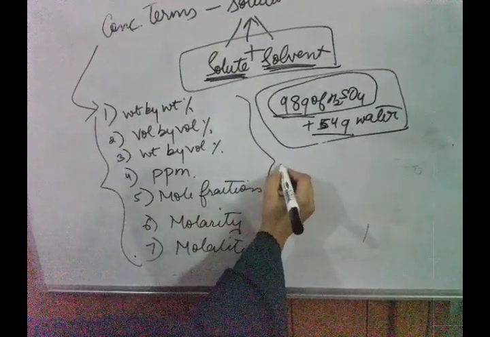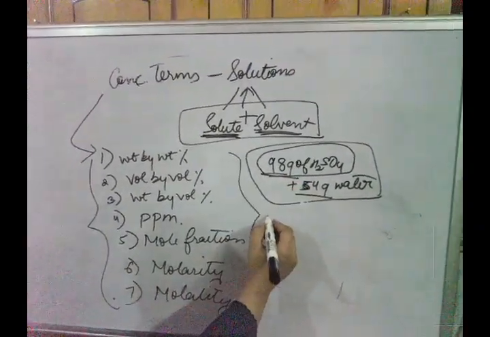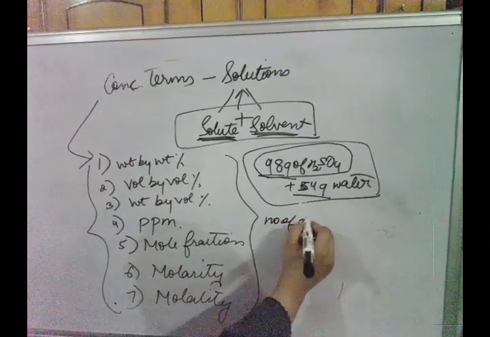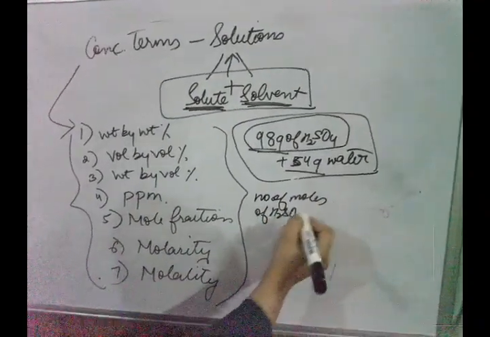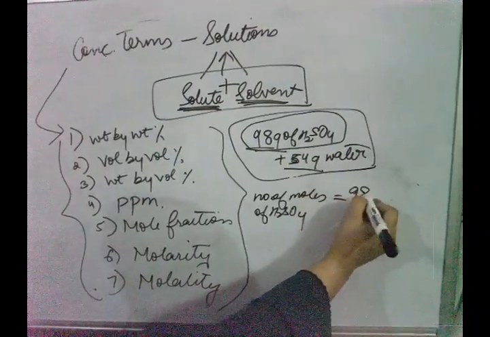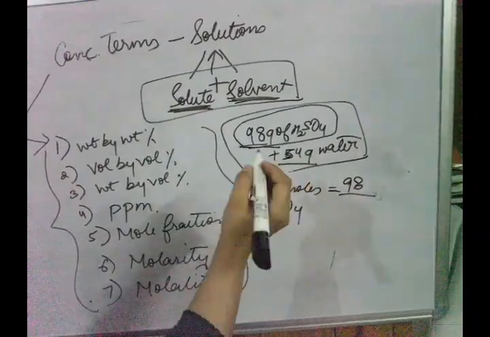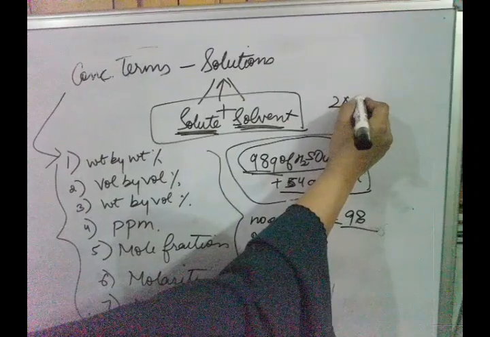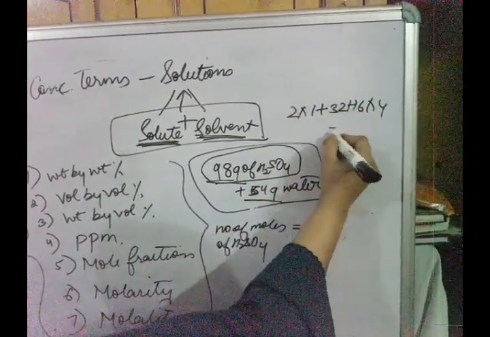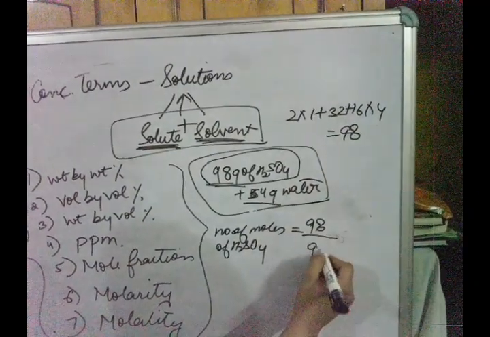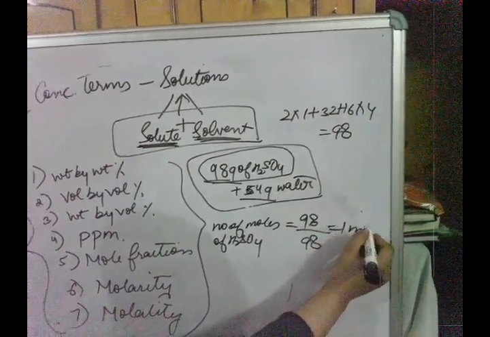For example, for 98 grams of H2SO4, number of moles is given mass over molecular mass. The molecular mass you should know: 2 into 1 plus 32 plus 16 into 4, that comes out to be 98 again. So that is 1 mole.